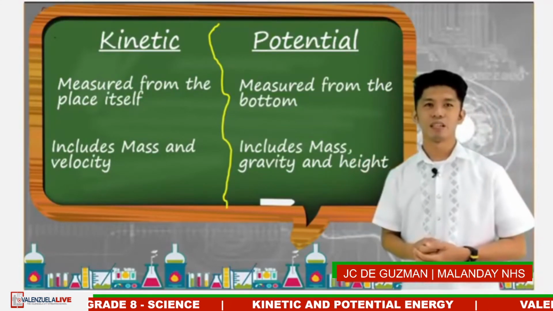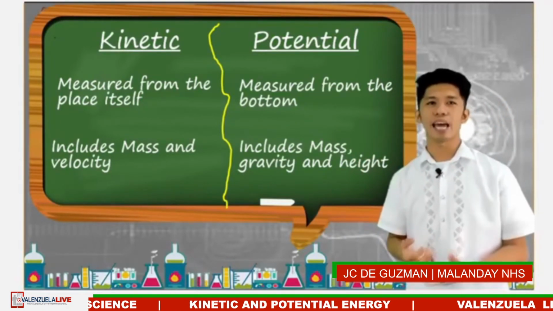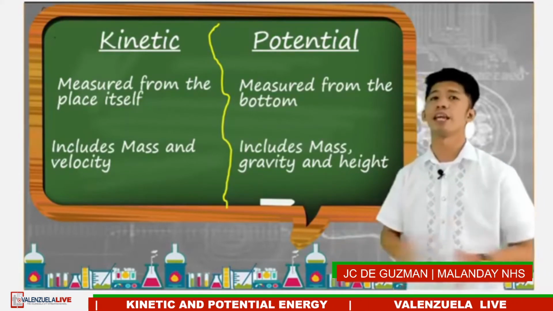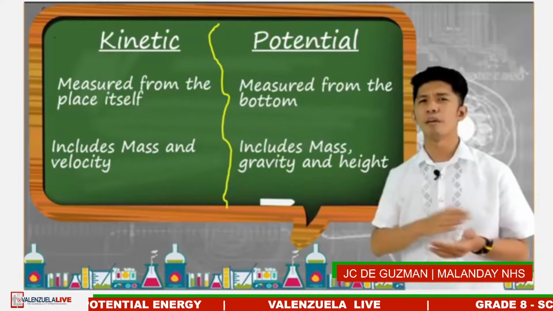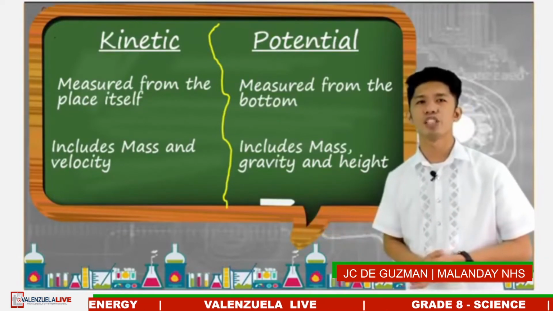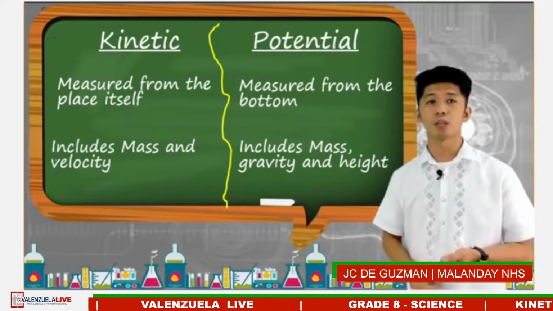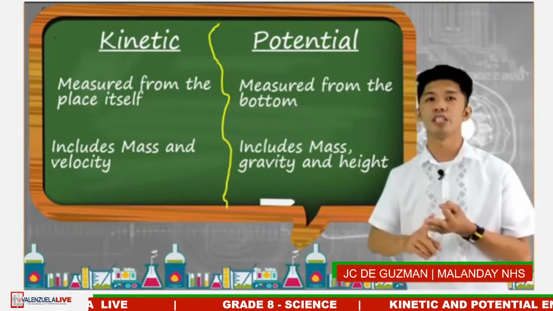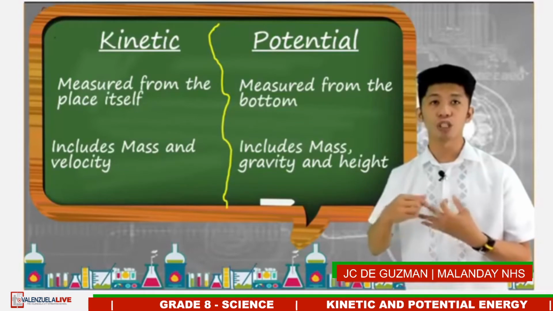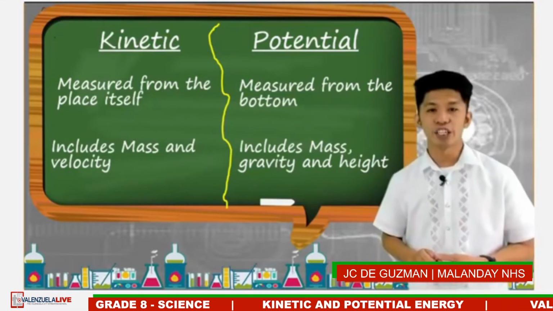Alright, so for you to easily understand the difference between kinetic and gravitational potential energy: there are many kinds of potential energy, like nuclear or chemical potential energy, elastic potential energy, and gravitational potential energy. But this time, we'll be focusing on potential energy.